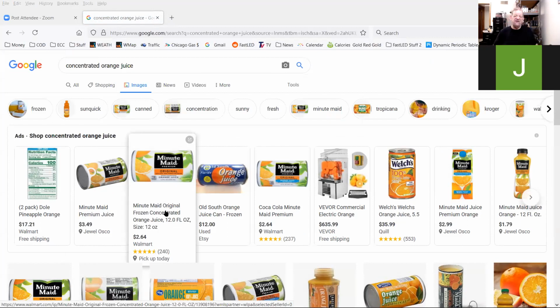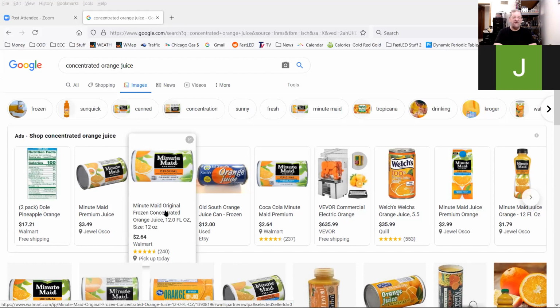Until about 15 years ago, give or take a couple of years, grocery stores never sold orange juice or other juices like they do now in a bottle, fully normal juice with the water in it. What they did, Minute Maid was the first, I think, who did it.